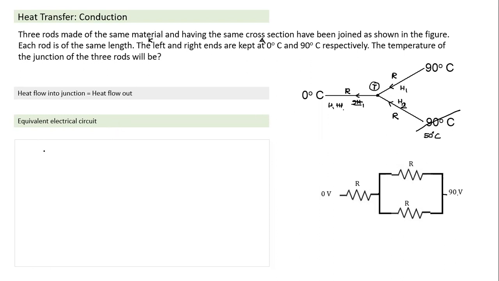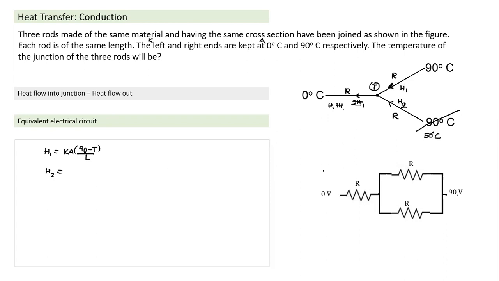H1, H2. So what is the equation I would have written? What would H1 be in that case? H1 will equal Ka into the temperature difference. If I'm assuming this as the heat flow direction, this temperature minus this temperature. Always, whatever direction I assume, accordingly the temperatures also have to be written in a similar fashion. So 90 minus T divided by L is H1.